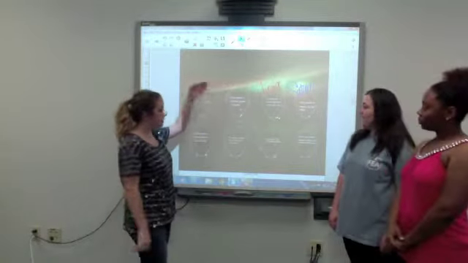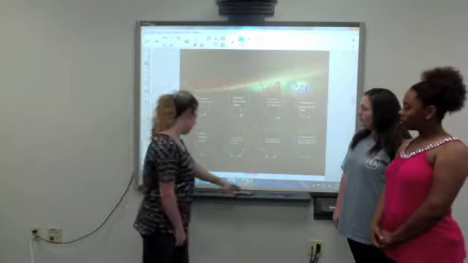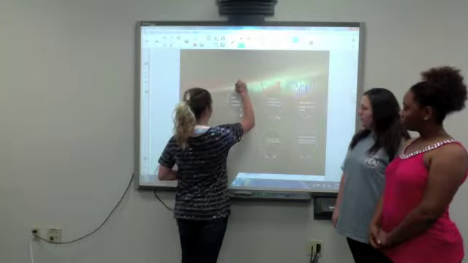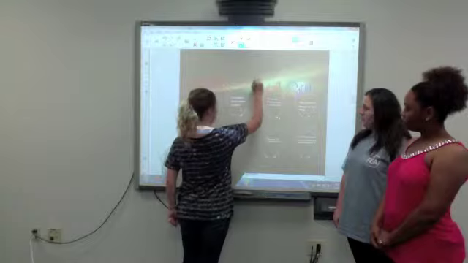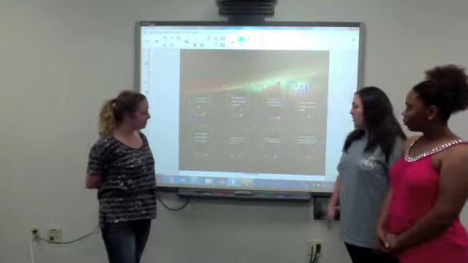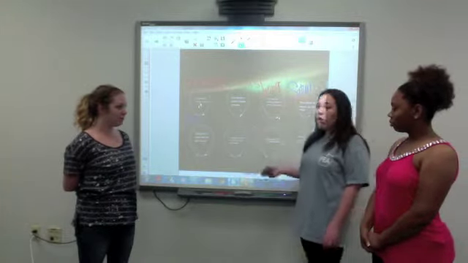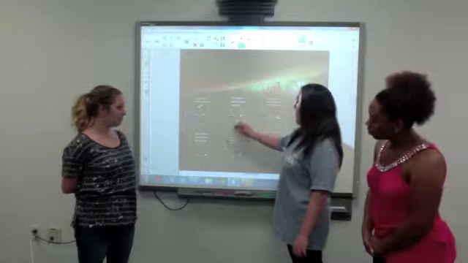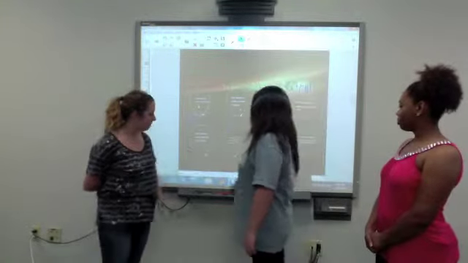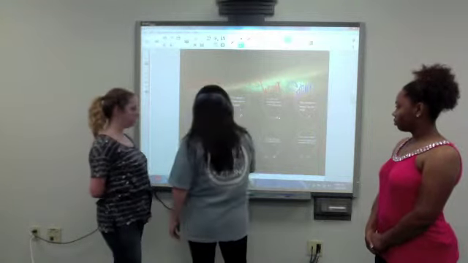Whichever group thinks that this is theirs, the planet that is Earth's closest neighbor, they would come up and write Venus. And then the last one, which says this planet is named for the Roman god of the ocean. The student who thought that was their group would come up and write Neptune. My favorite. Whenever the smartboard actually wants to work.